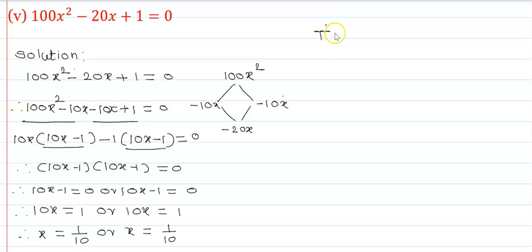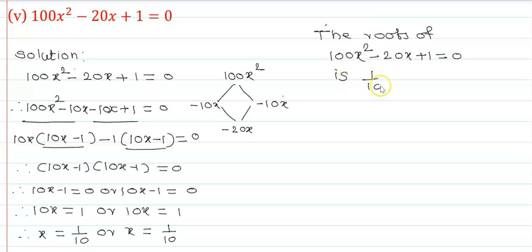The roots of 100x square minus 20x plus 1 is equal to 0 is 1 upon 10. Okay. This is the answer.